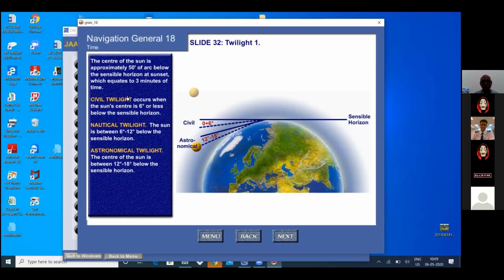Civil twilight is the sun 6 degrees below the sensible horizon. 6 to 12 degrees below the sensible horizon is nautical twilight, and 12 to 18 degrees below the sensible horizon is astronomical twilight. Is this clear? Any doubts, anyone?